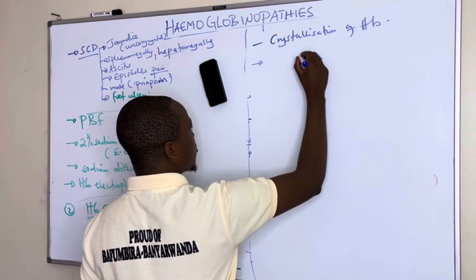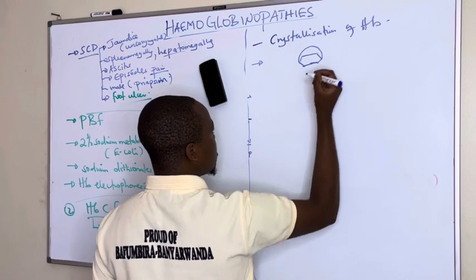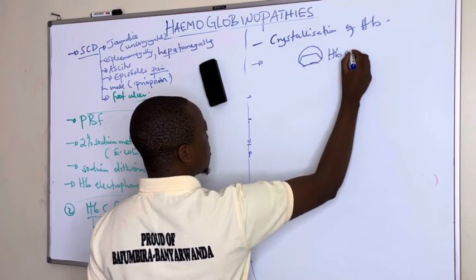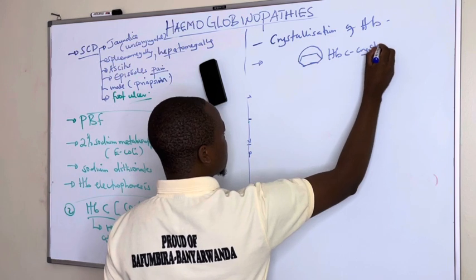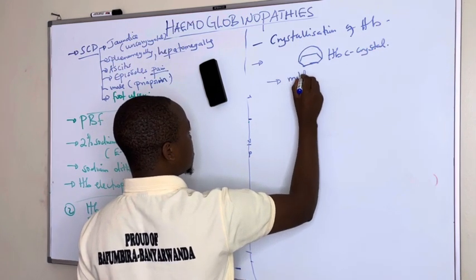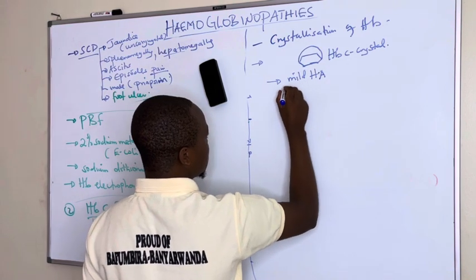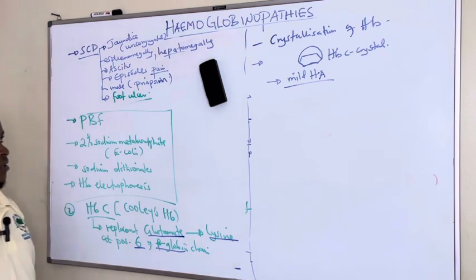So you find a hemoglobin with HbC crystals. And this one is always characterized by mild hemolytic anemia.